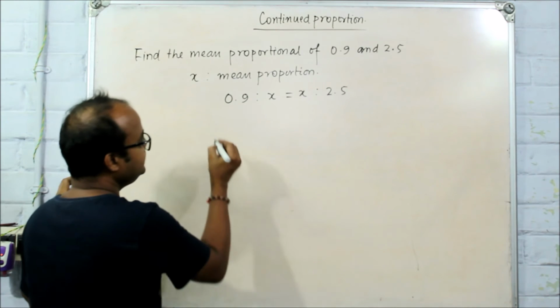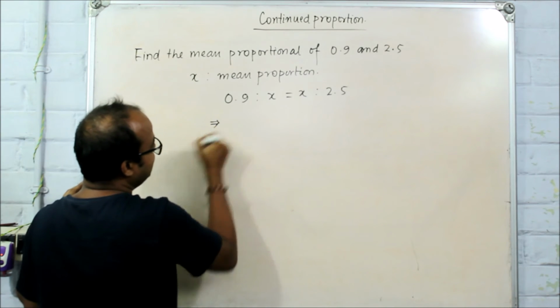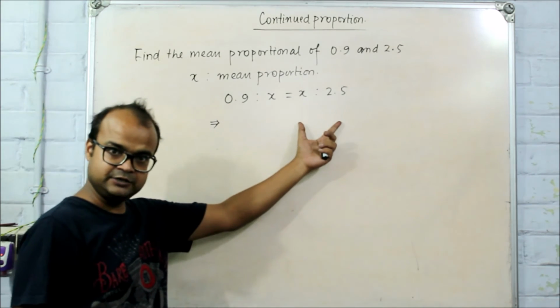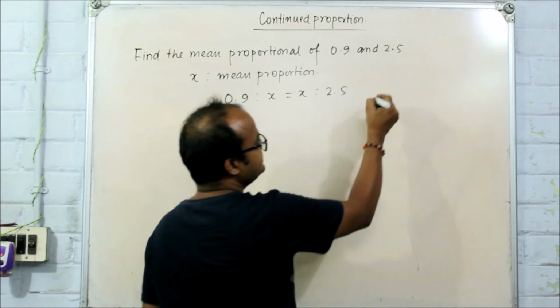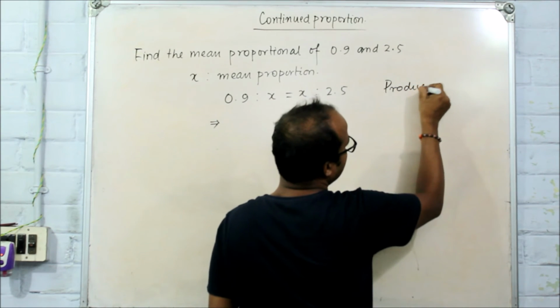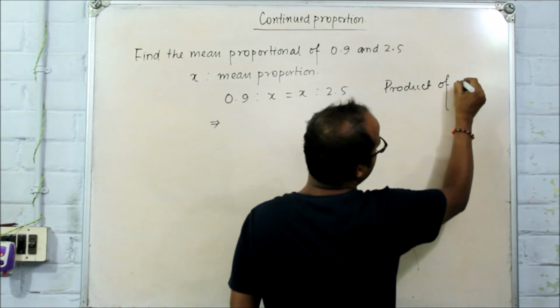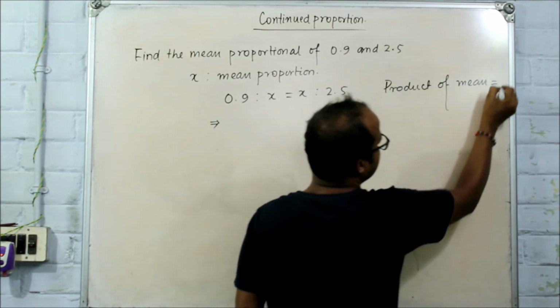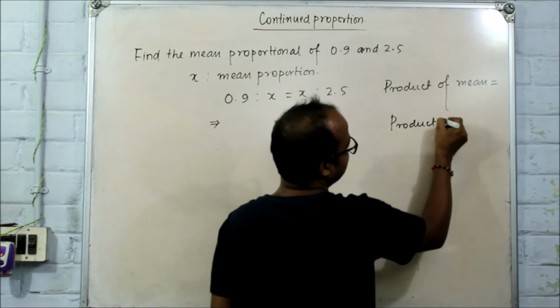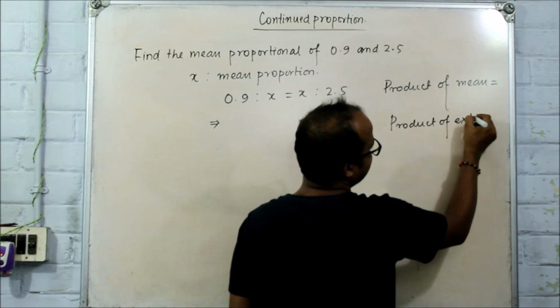Clear? So now since these numbers are in proportion, we can say that product of means is equal to product of extremes.